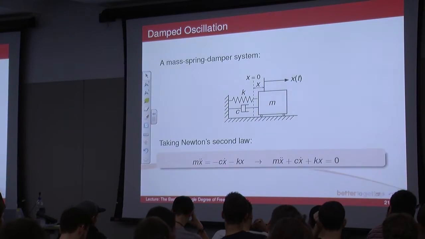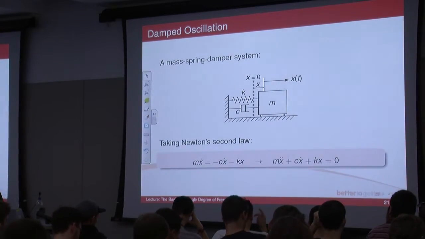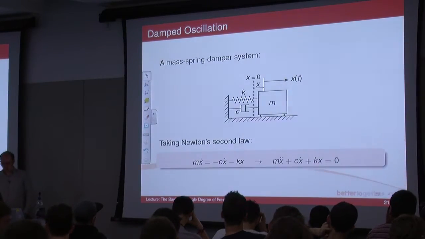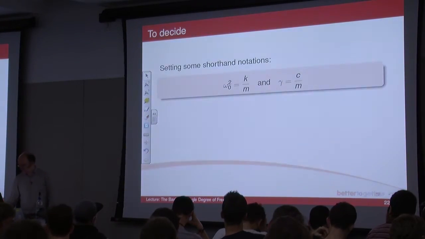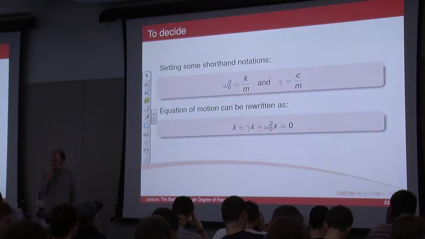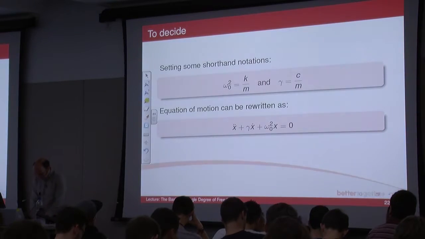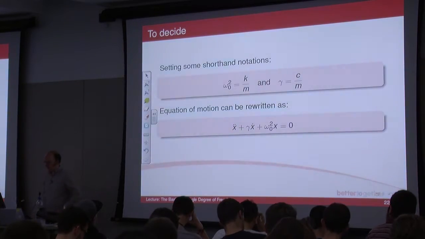Obviously K upon m is omega naught squared, and C upon m we've just defined as gamma. So the equation of motion can be written like that. Now the challenge is to find the solution of x of t. X is a function of time.